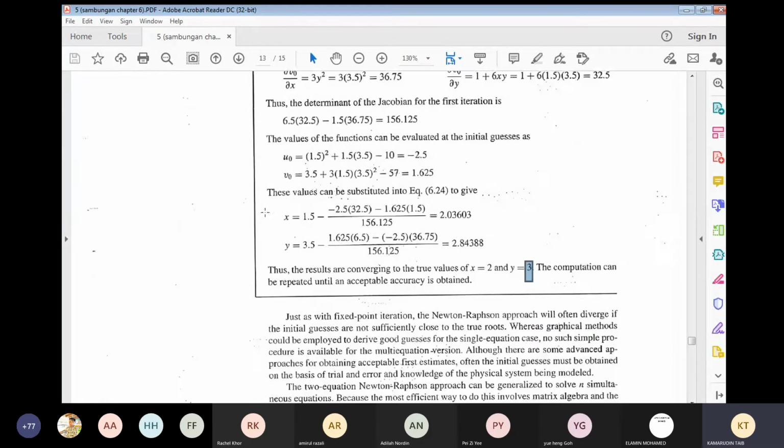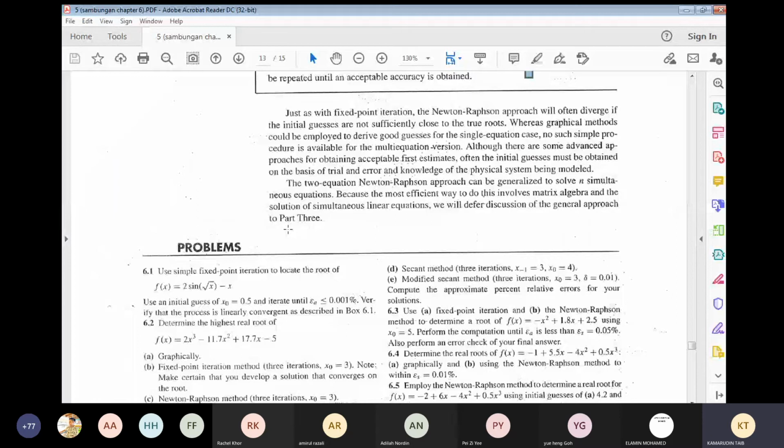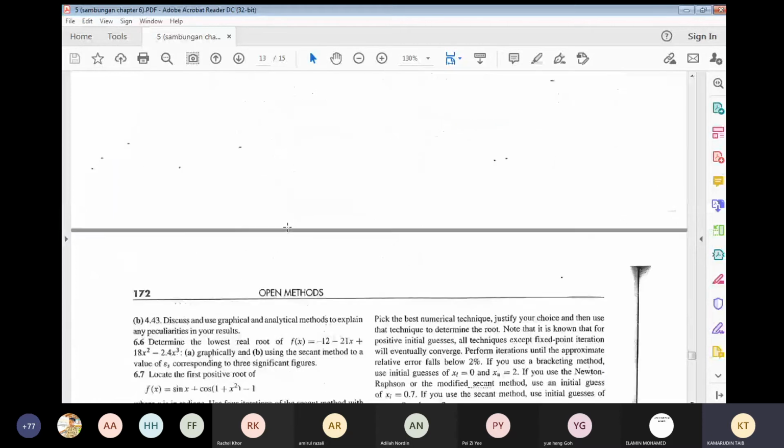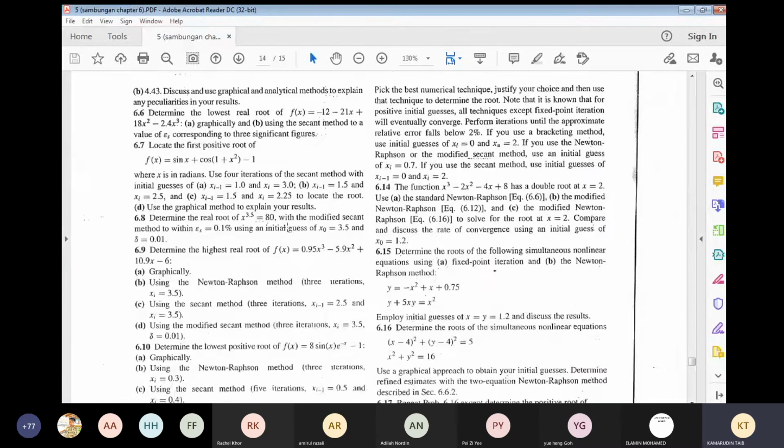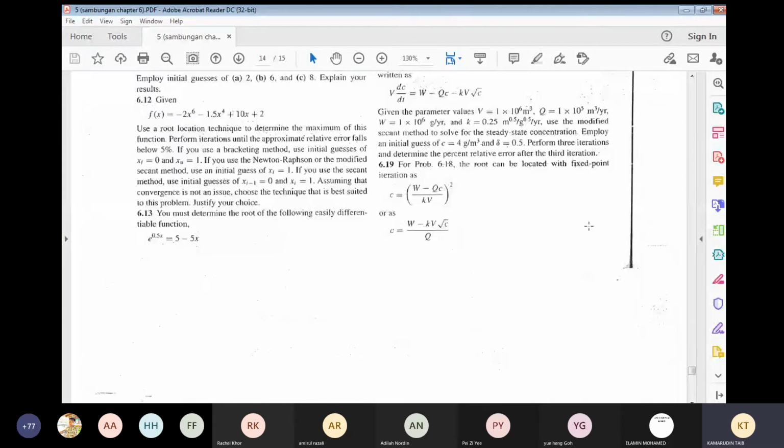Understand? All right, so this tutorial is different from the one that I'm going to assign later. Let's look at what is going to be the next topic.